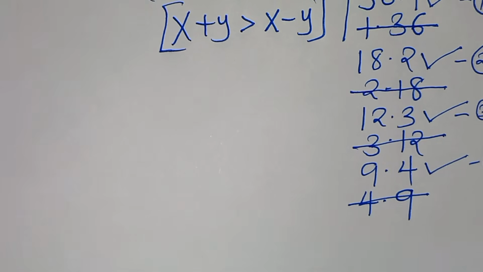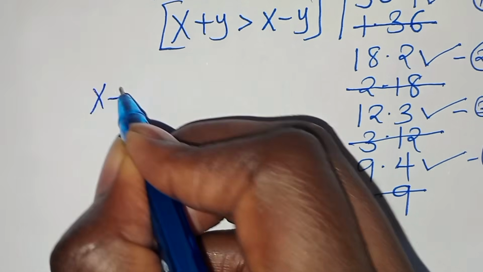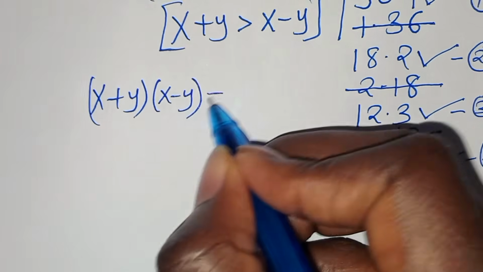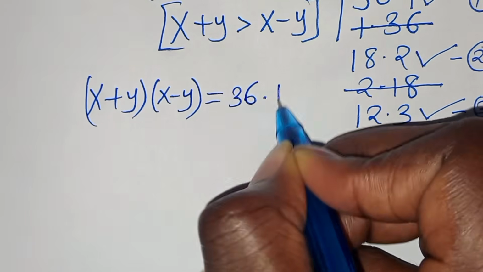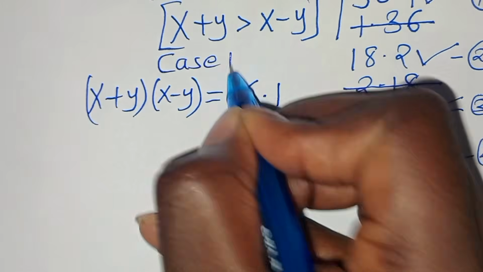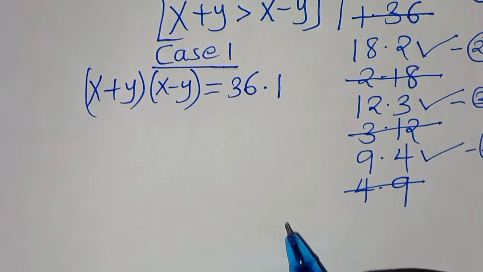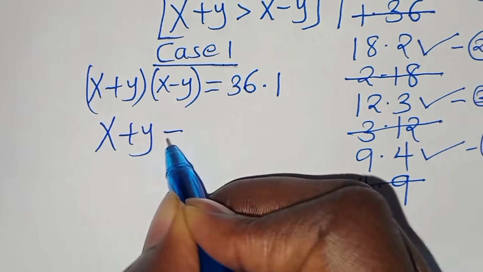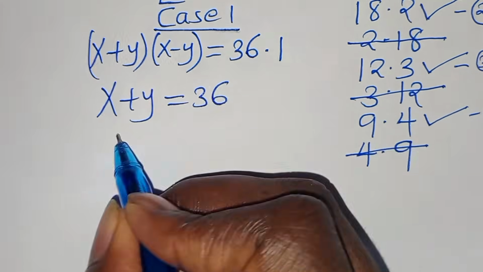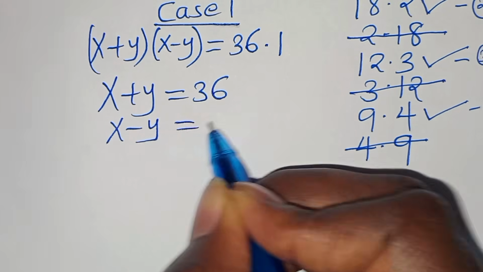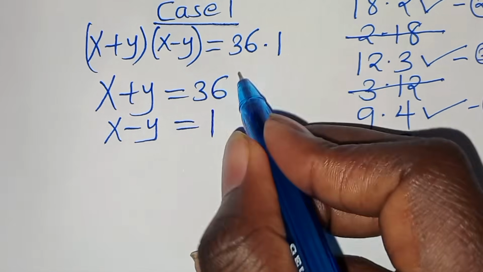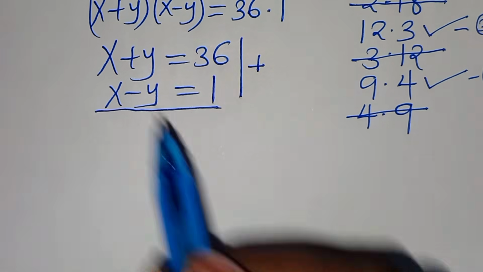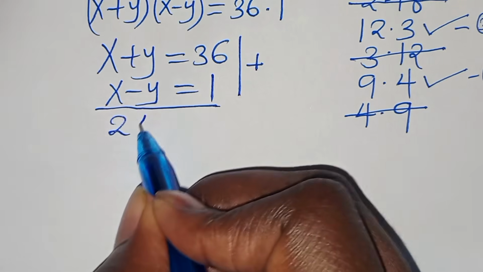So we have that x plus y times x minus y is equal to 36 times 1. This is for case 1. In case 1, we have that x plus y is equal to 36 and x minus y is equal to 1. So let's add these two linear equations, so that now we have x plus x, this is 2x.